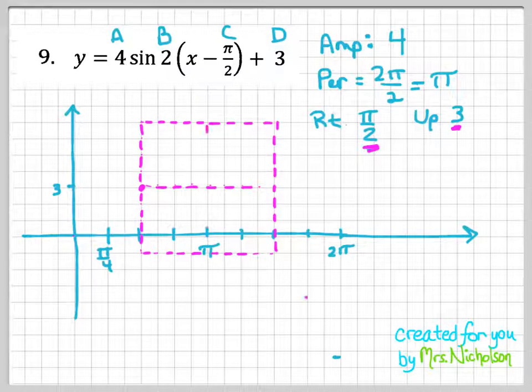I'm going to draw the midline right here in the middle. And now I go back and look and see that I'm graphing sine. And so sine normally starts in the middle of the window pane. So I'm going to start right here at the middle. It's going to go up and reach the top, come back to the middle, go to its minimum, and then back to the middle.